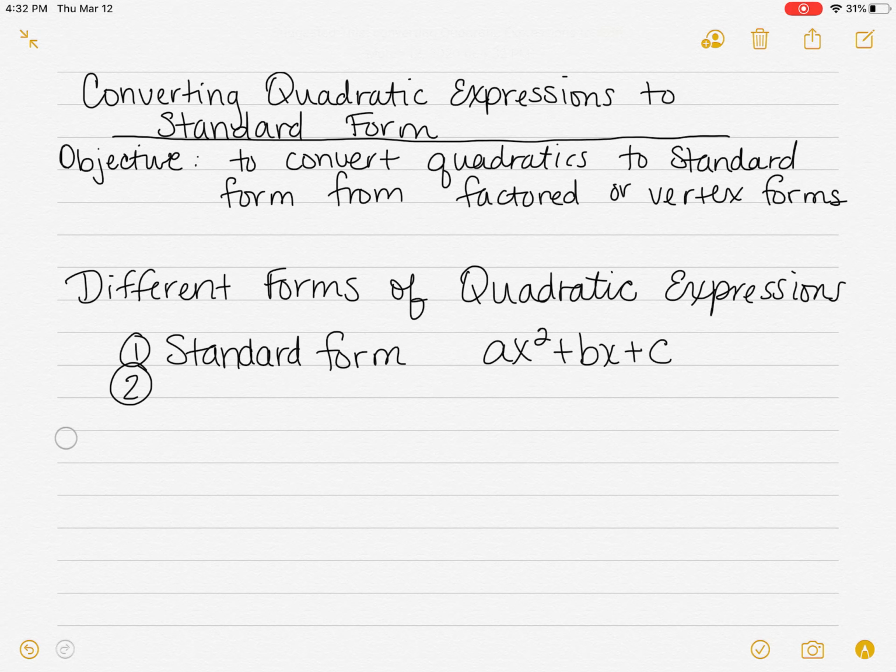The second form is factored form. In Algebra 1, you learned how to factor quadratic expressions. We will be revisiting that probably tomorrow.